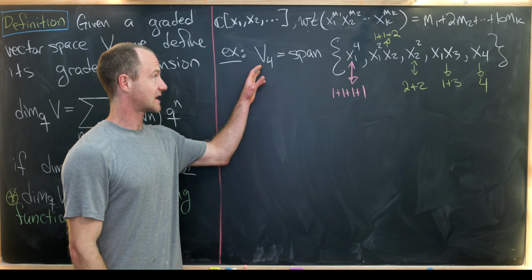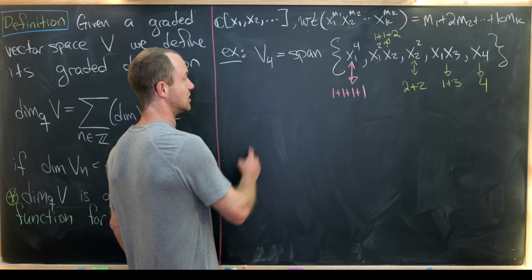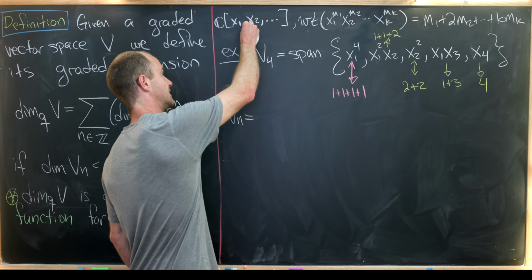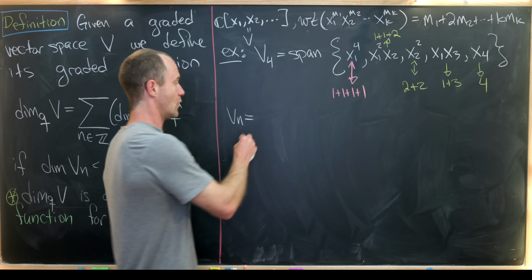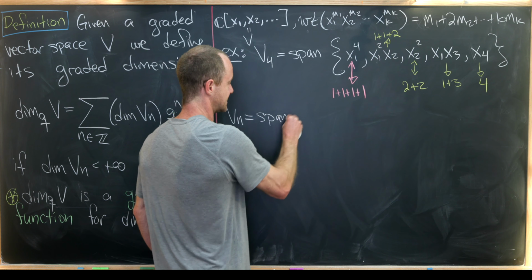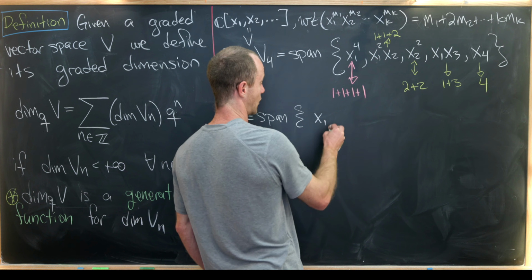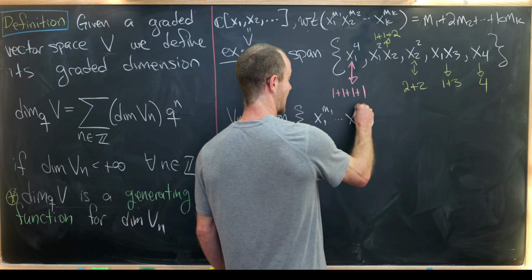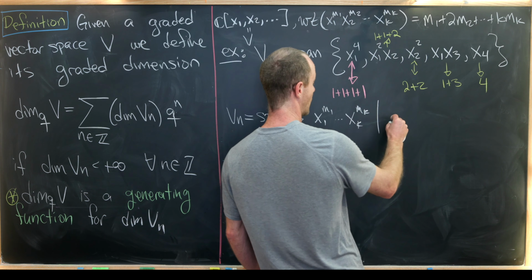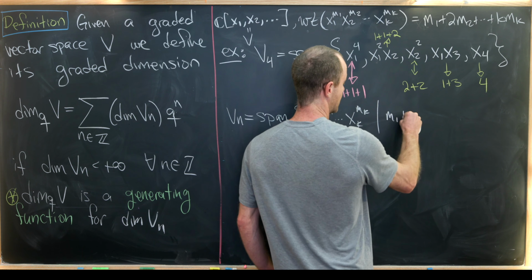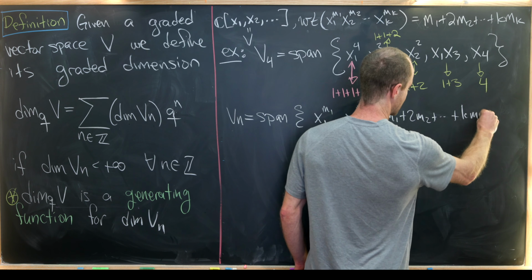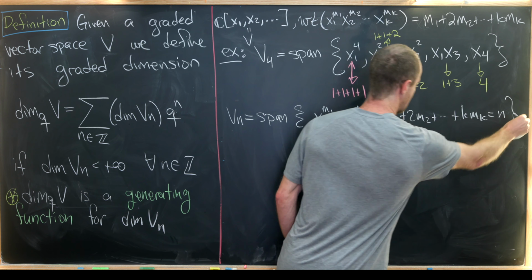So in fact, if you took V sub n, so I guess we're assuming that this is equal to V, well, then we could write its basis as x1 to the m1 all the way up to xk to the mk, where m1 plus 2m2 plus up to k mk equals n.